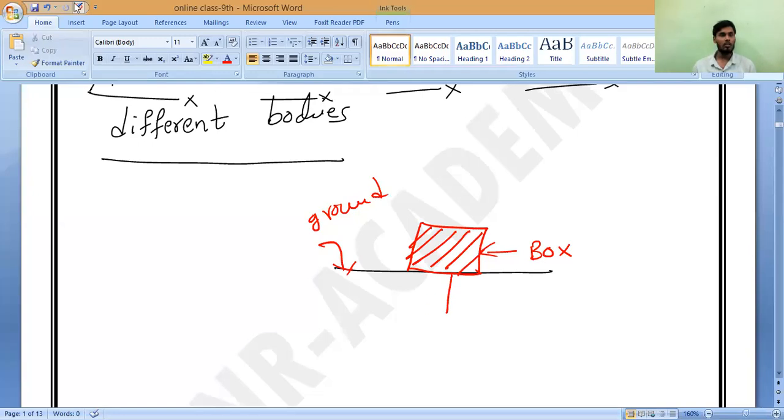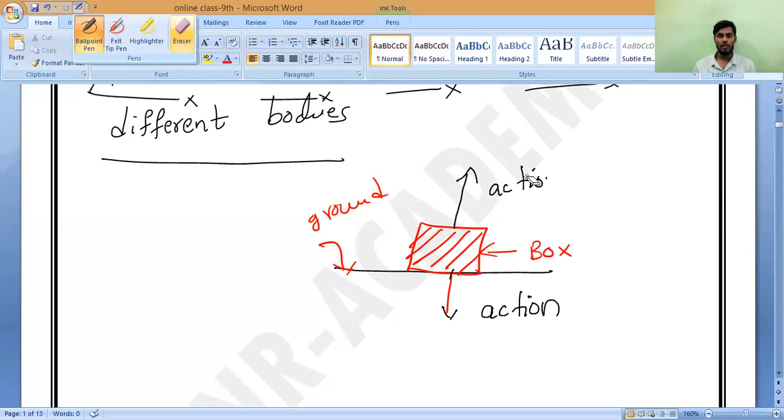Whatever force I am exerting on the ground, that is what we call action. If I exert force in the downward direction, the ground will exert the same amount of force in the opposite direction.